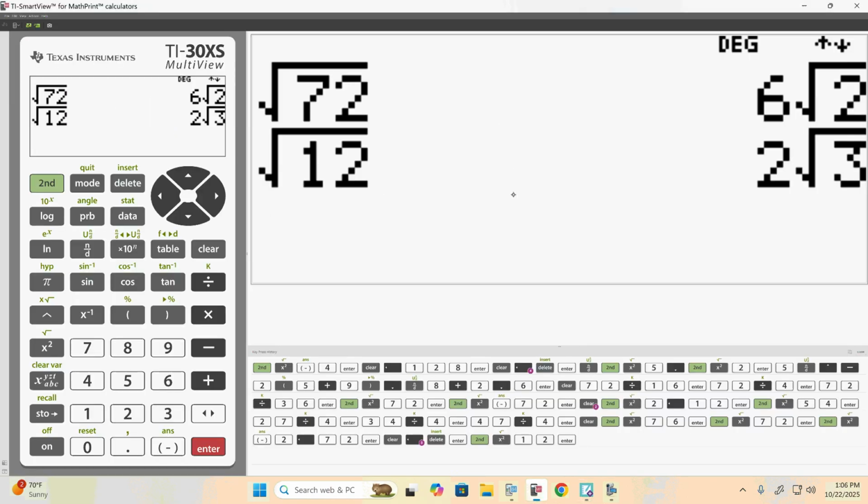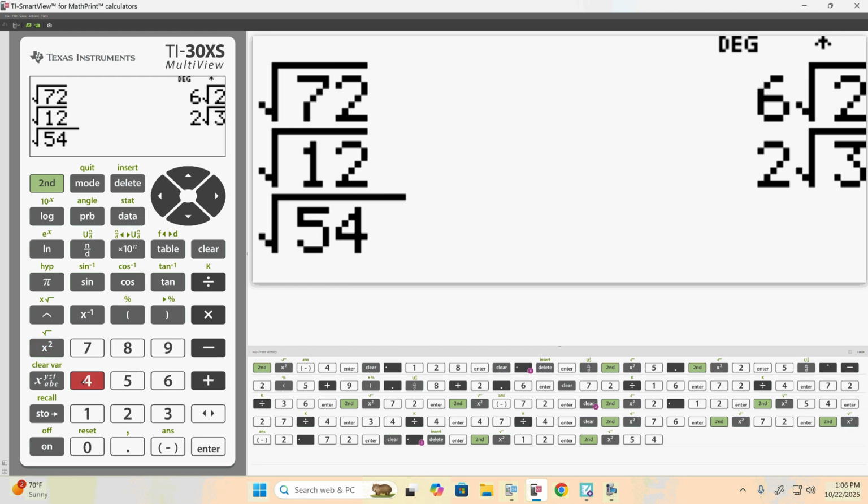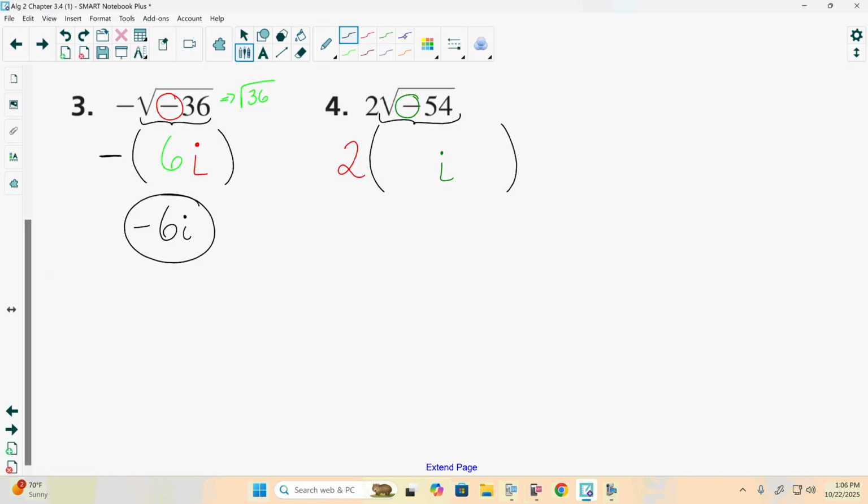Now we just have to see what the square root of 54 simplifies to, which would be 3 square root of 6, which means the square root of negative 54 would be 3i square root of 6. Last but not least, we'd have to multiply this together. 2 times 3i would be 6i. We still have the square root of 6. Questions on this here?